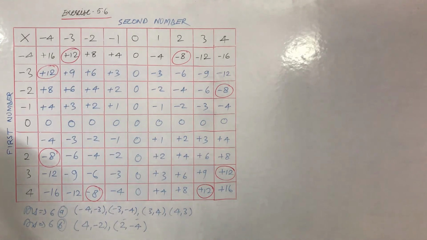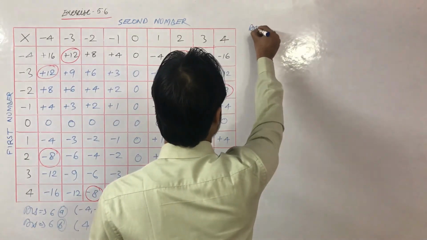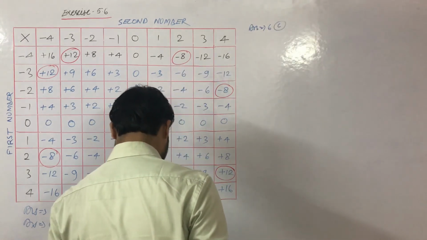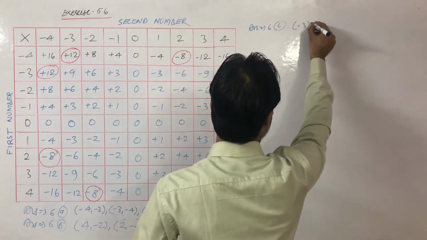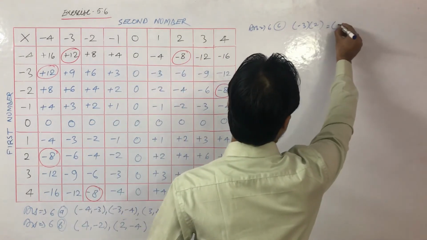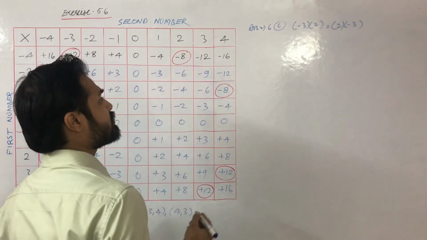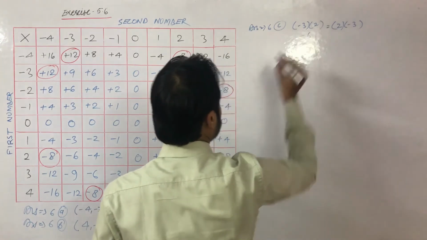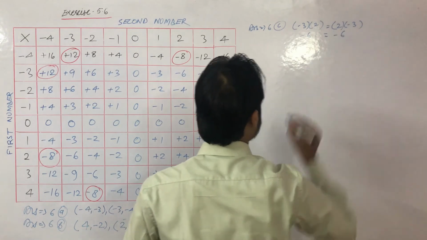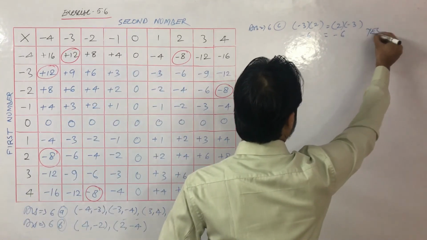Next, part C is minus 3 into 2. Let me write. Answer 6, part C: minus 3 into 2 equals 2 into minus 3. So yes, 3 into 2 is 6, plus into minus gives minus, and 2 into 3 is again 6, plus into minus gives minus, both are the same.